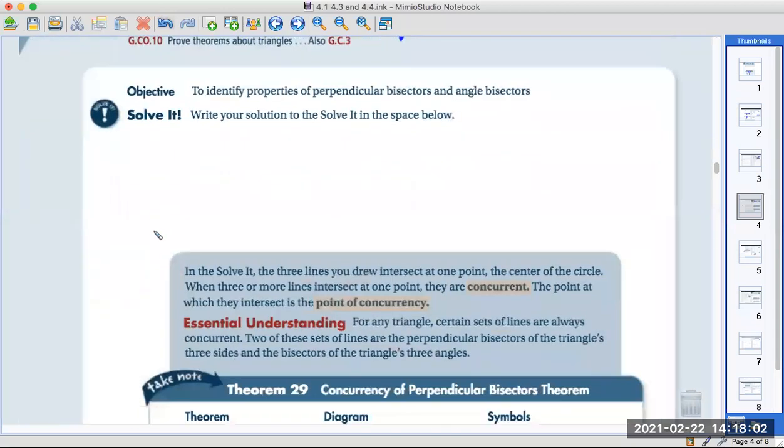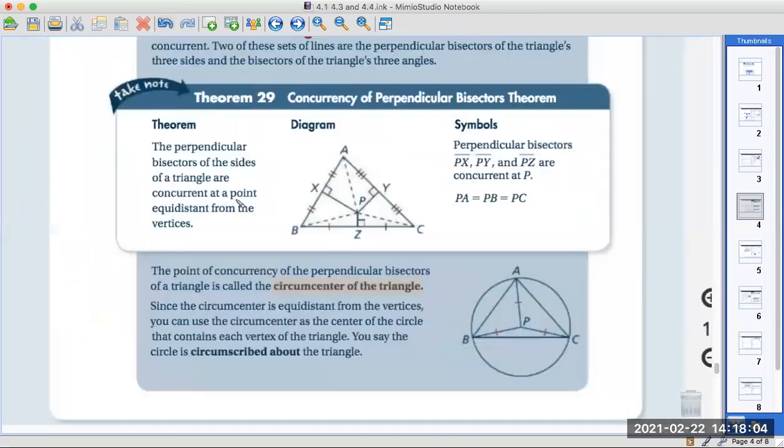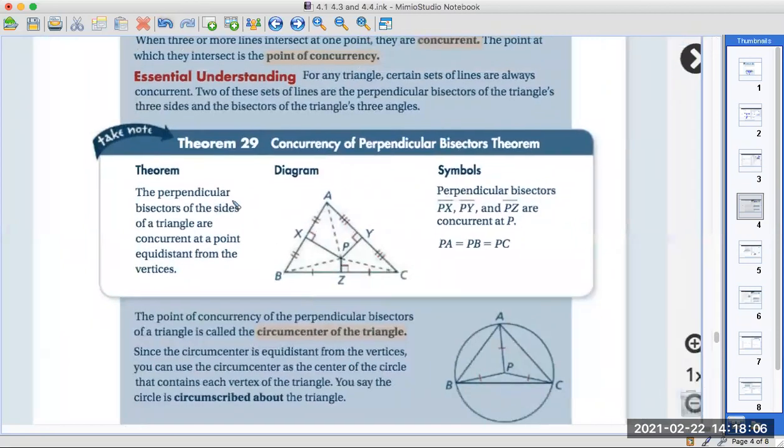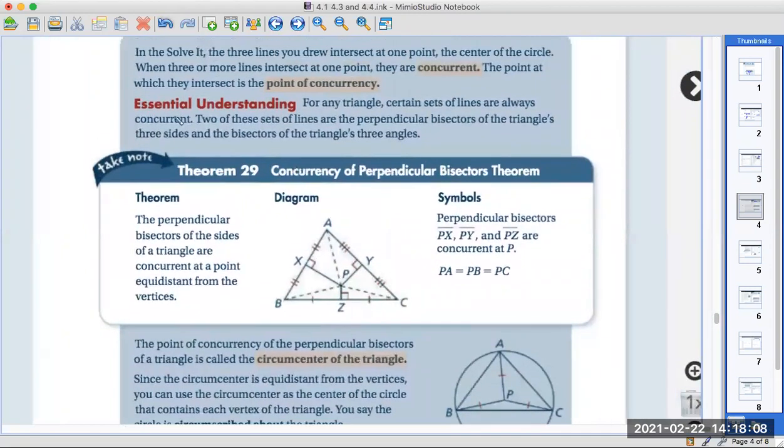Okay, let's look at our concept here. Concurrent means, what does concurrent mean? Equal, I think. Oh no, they meet, sorry. When they're concurrent, they meet in a point, like this is concurrent.